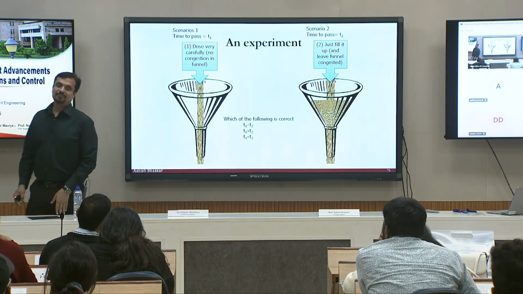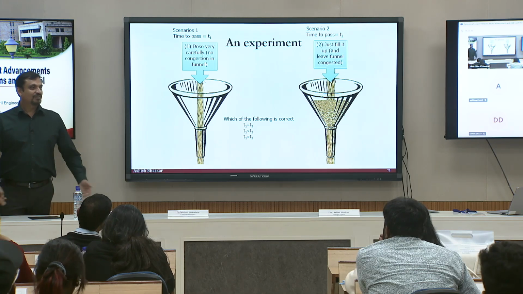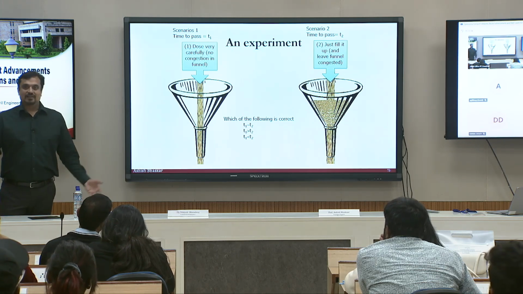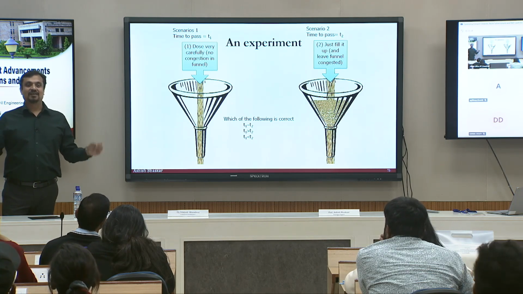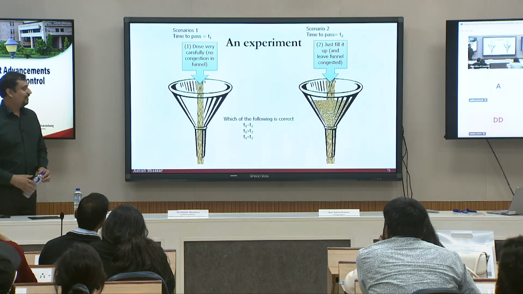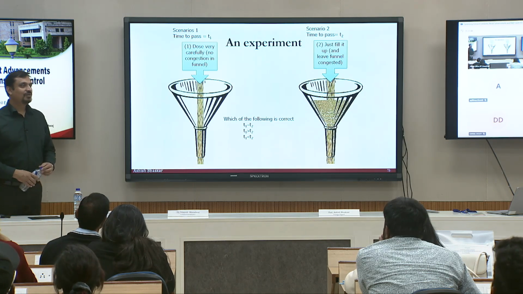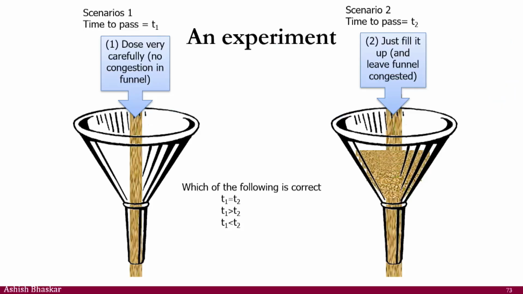Which is more time? T1 or T2, or are they the same? The rice amount is the same number of particles. Which is going to take more, and why? So which one, T1 or T2? T2, why? Speed, okay.